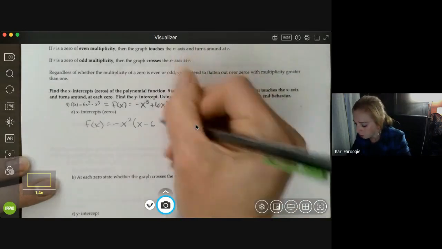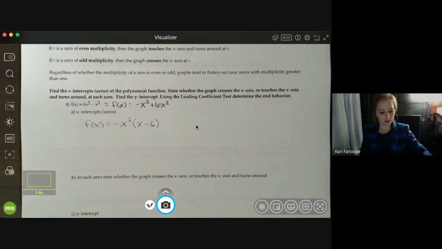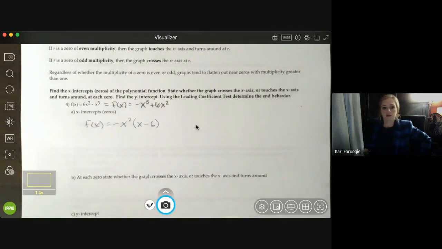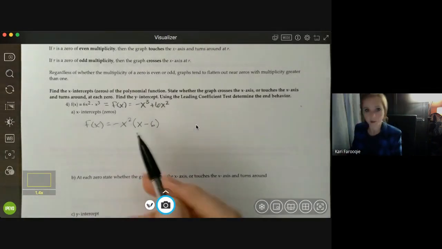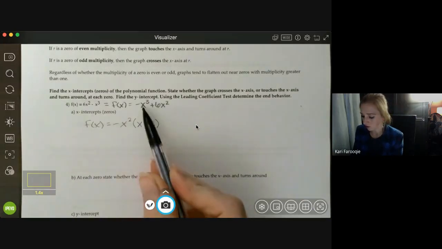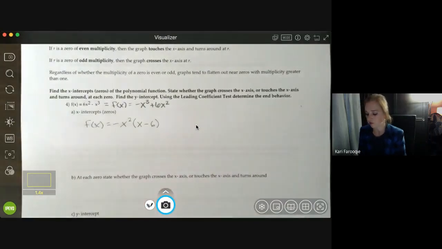And you already took out both factors of x, so right now you are done with that. All right, so we have negative x squared times x minus 6. You can always check this by distributing it back in. Negative x squared times x is negative x cubed. Negative x squared times negative 6 is positive 6x squared.